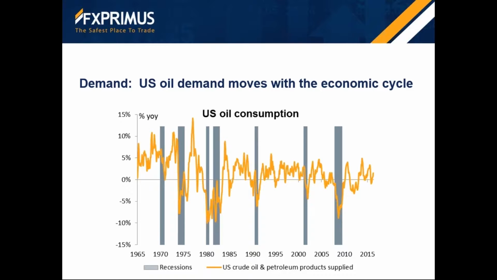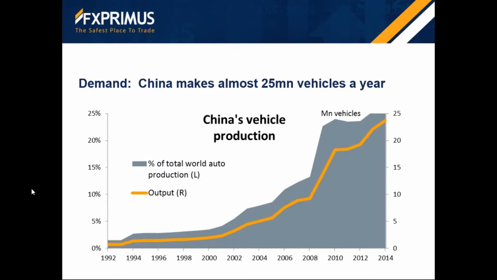Now, similarly, economic development causes a large increase in demand for oil over time, because people with higher income and a higher standard of living tend to use more energy, up to a point. For example, Chinese auto production. China now makes around 24 million cars and trucks a year.